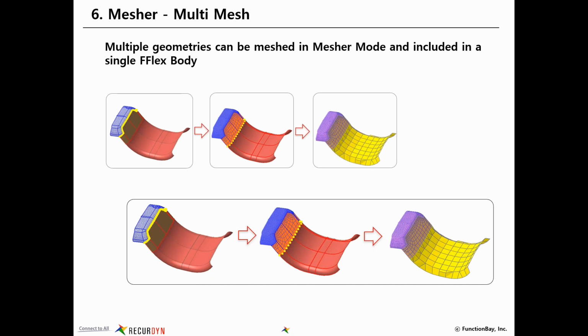And now you have this option to do a multi-mesh. So when you mesh one body, it doesn't get rid of the other bodies that are in your part. And this is another example where it'll be a little bit easier to see when we actually go into the example.